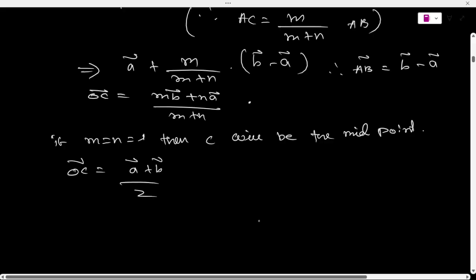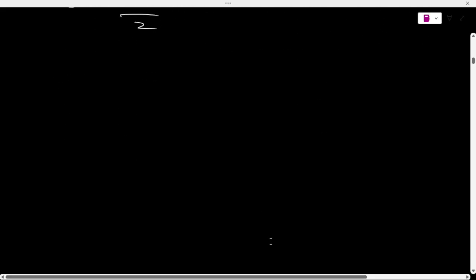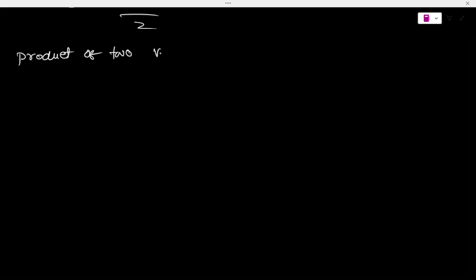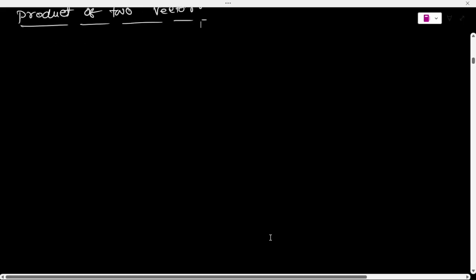What will be the next point? The product of two vectors. The product of two vectors can result in two different ways.